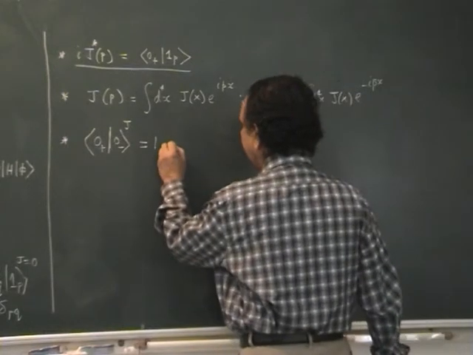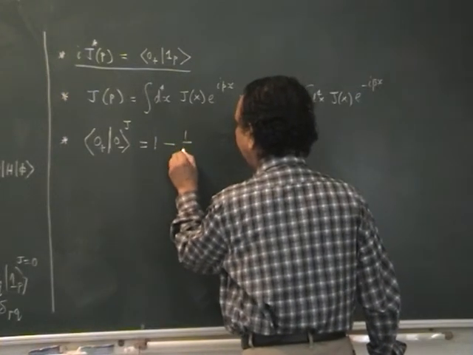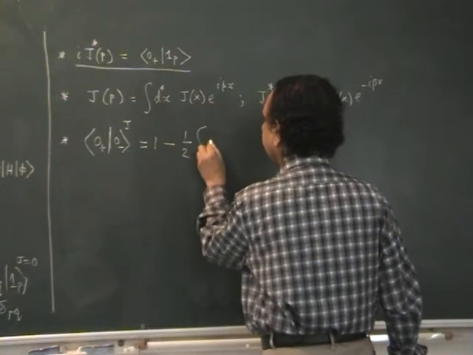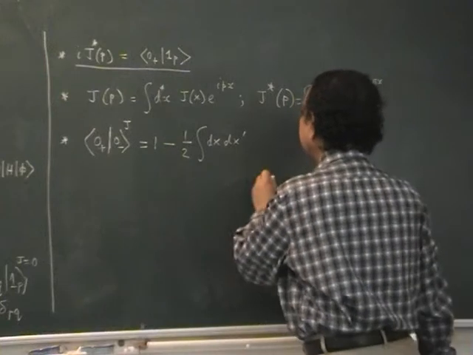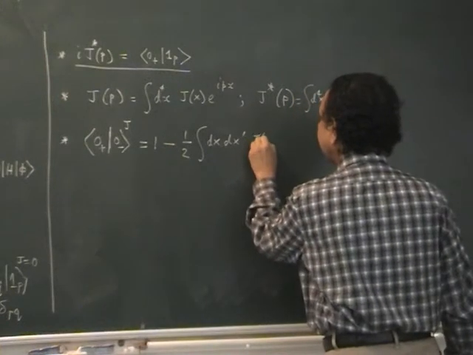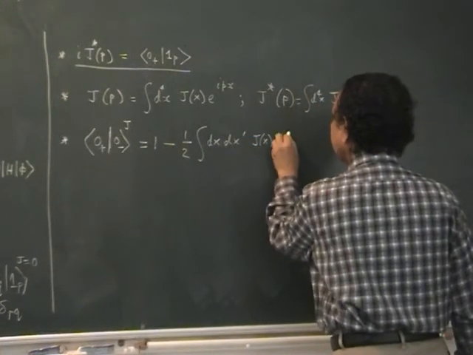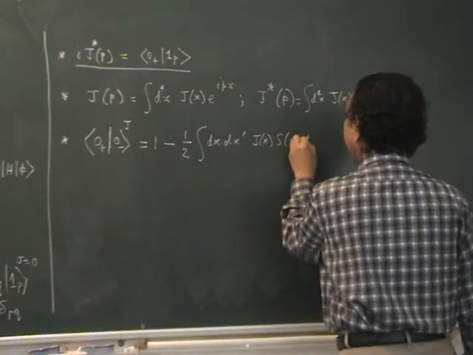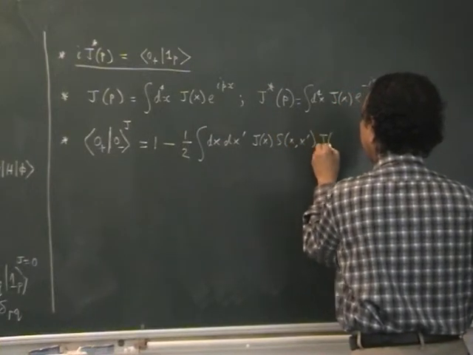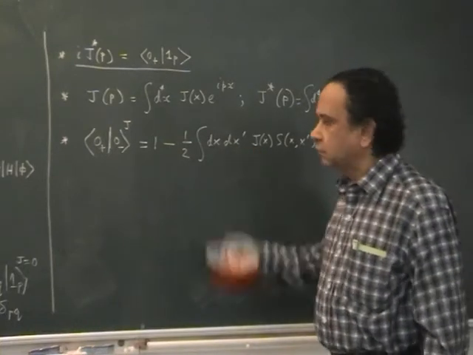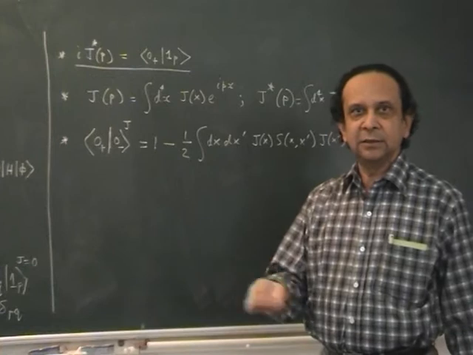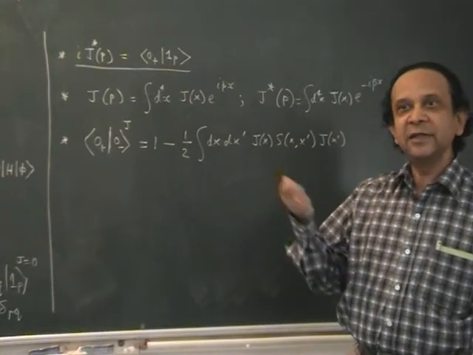So the quadratic term we will write in this form. It is an arbitrary quadratic functional right now. So we will write it as some J(x), some S(x, x prime), J(x prime). See, if J was just a number, the quadratic thing would be J squared.